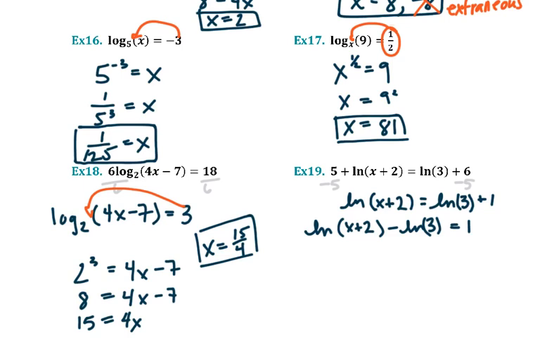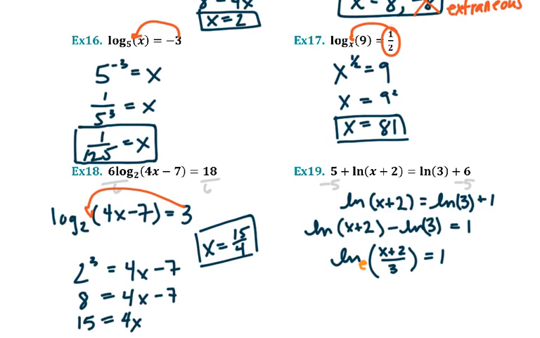So now that I have 2 logs and we have a minus between them, I'm going to rewrite that as ln of (x plus 2) over 3 equals 1. So I have 1 log equal to a number. And working on this problem here, natural log, we have to say, well, what's the base?